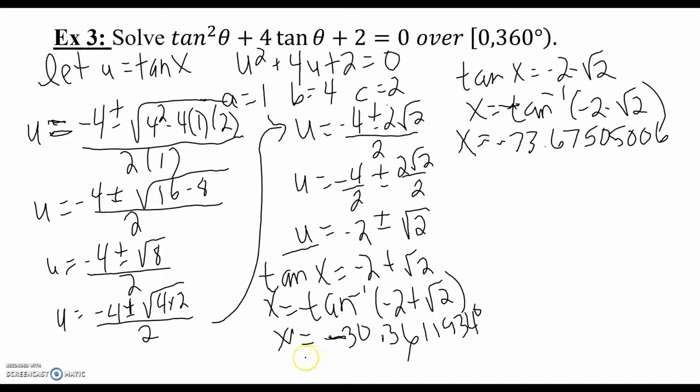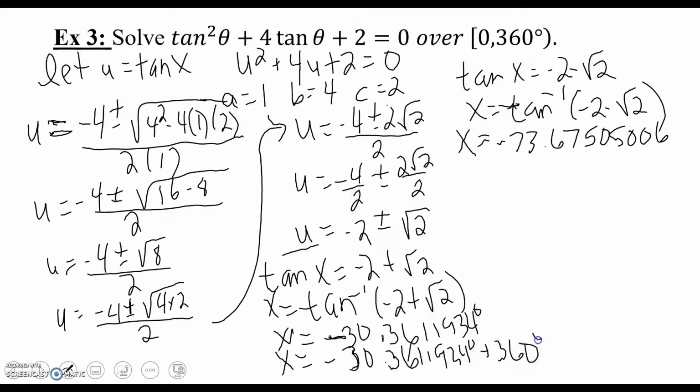So in order to get it within that interval, we would need to find a coterminal angle to it. And remember, you find coterminal angles by adding 360. So first of all, I'm going to add 360 to this negative 30.3611934 degrees.